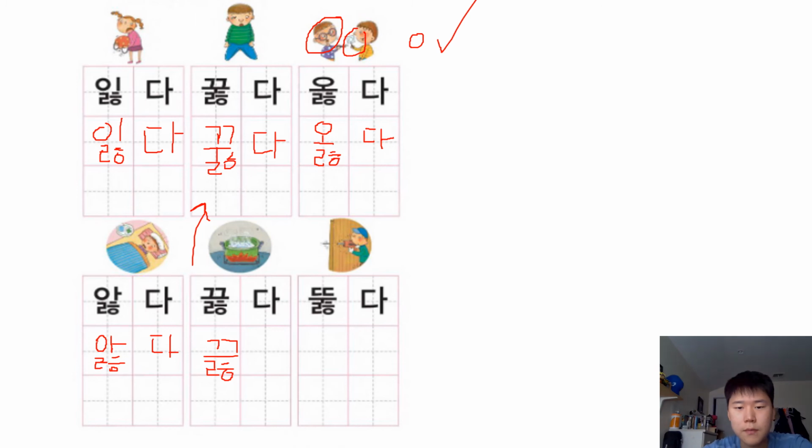This one has 우 on the top, but this one only has a ㅗ, right? And then there's 뚫다, which means to go through, right? Or poke a hole through it, like this person. They're drilling into this piece of wood or door, and then this drill is going through, so they go through it. That's 뚫다, right?